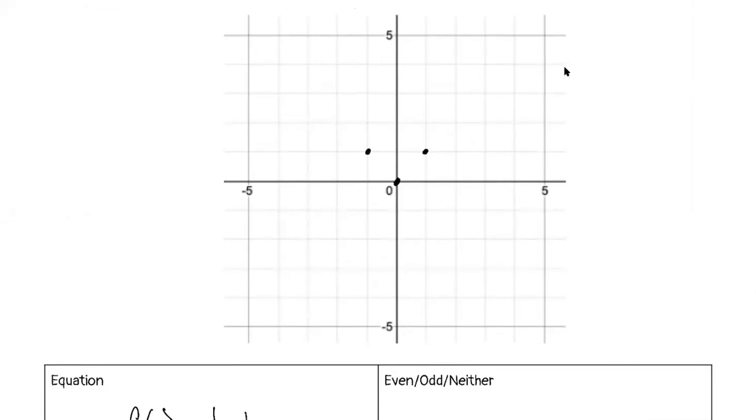What y value comes out? 5. What happens if I put in -5? I get 5. Okay. So remember, the absolute value means that we just change the simplified thing inside the bars into a positive.